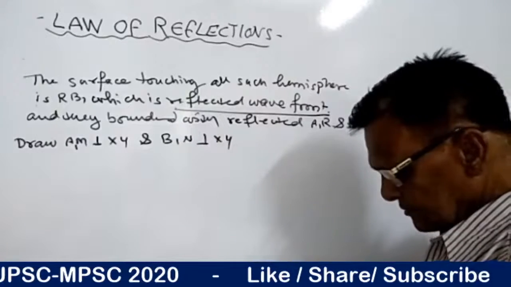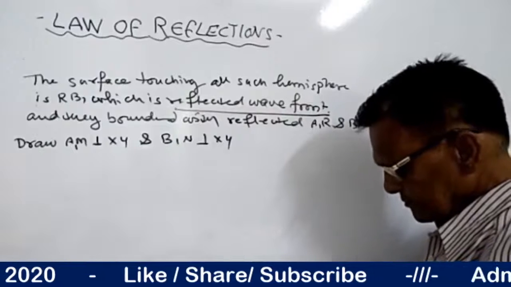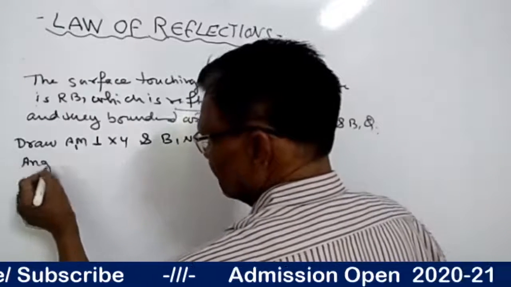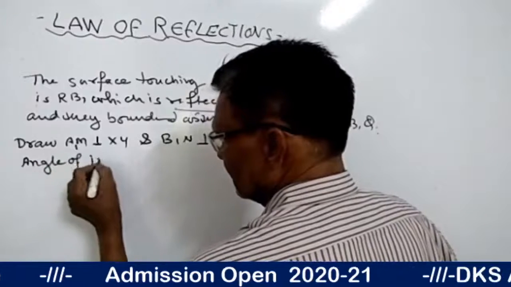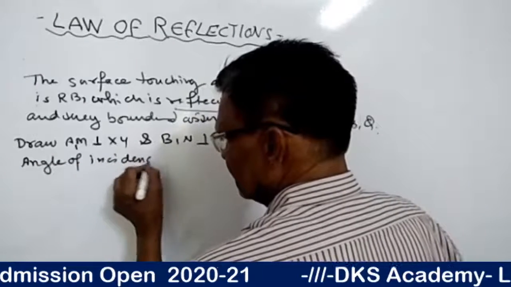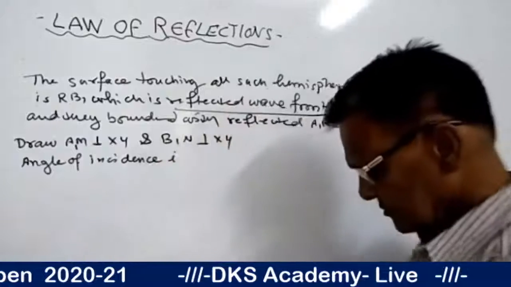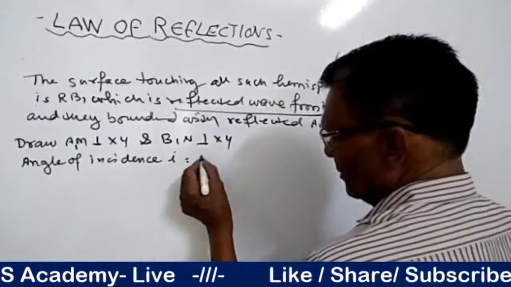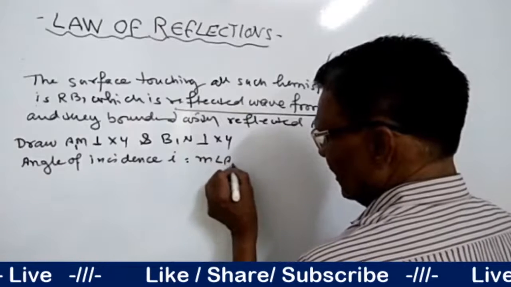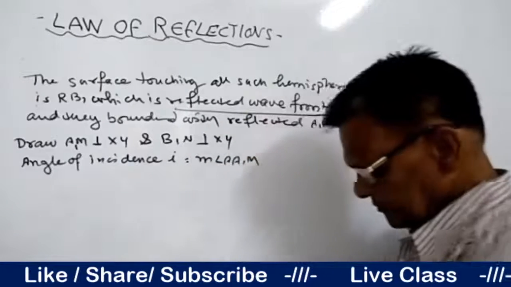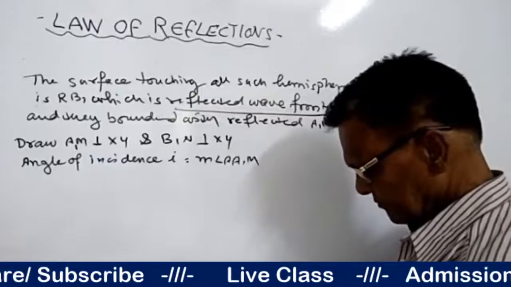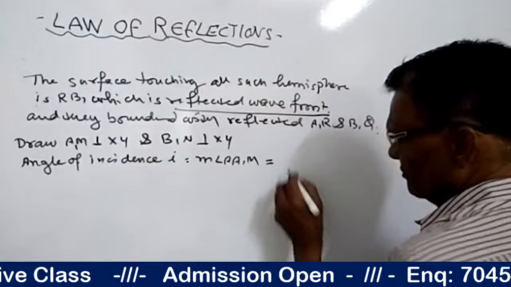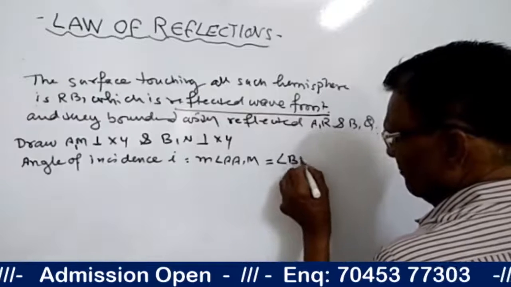Then we will get the angle of incidence, that is I, equal to measure of angle A1M, and that is equal to measure of angle B1N.